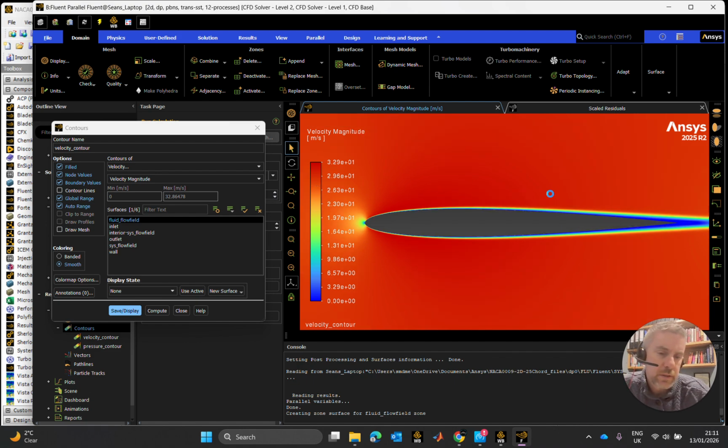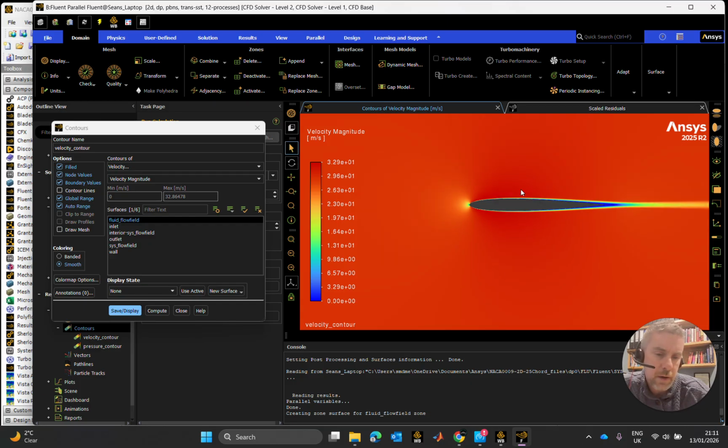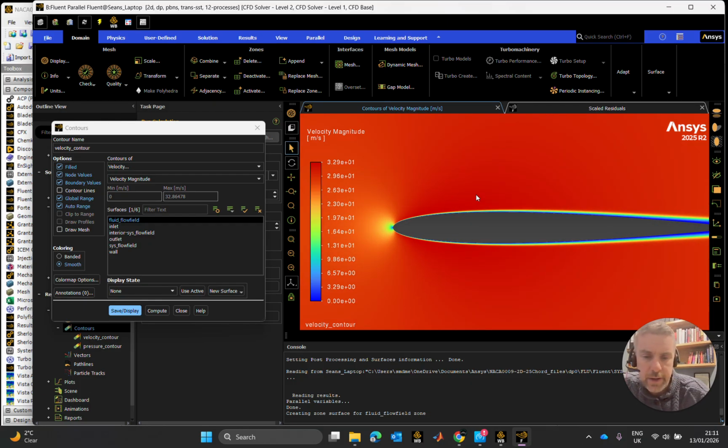However, as I come closer into the airfoil, top and bottom becomes a much deeper red, indicating higher velocities here. Going by this scale, I can see my peak velocities occurring in here at roughly 32.9 meters per second.